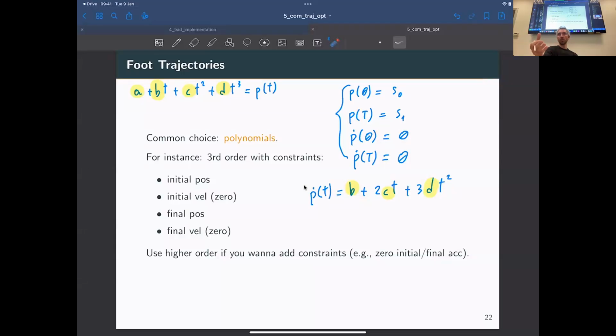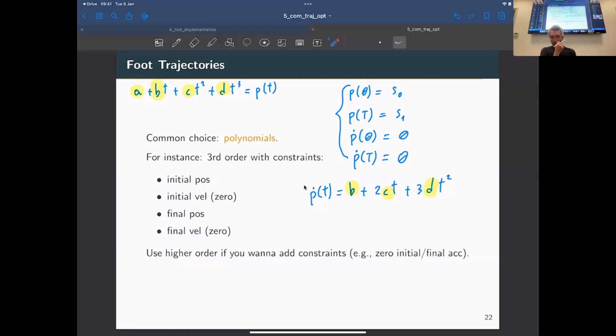That is one option. And in that case, you can use the same formulation as here, because you have the same constraints. You start at a certain position, you finish at a certain position, and you start and finish with 0 velocity. So you can use third order polynomials, just 2 instead of 1.